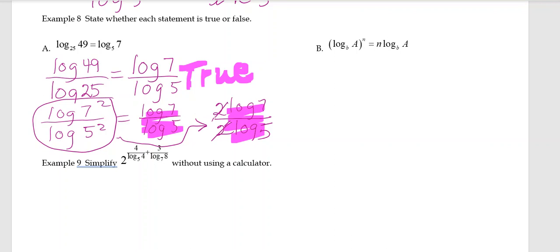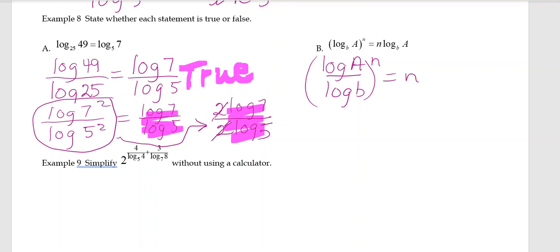Okay, what about this one? Let's see here. If we apply our change of base formula, we'll have the log of A over the log of B. That's still all raised to the n power. Let's see what we got on the right.